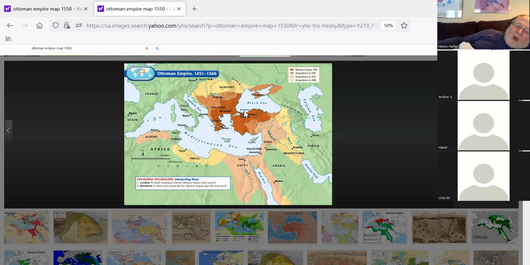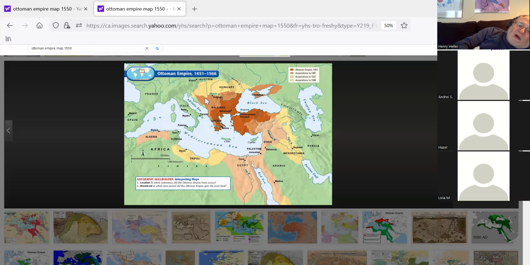The East Roman Empire. Well, the Turks took over this part here by the beginning of the 14th century, these Turks. And there was constant fighting between the East Roman Empire, some people call it the Byzantine Empire, and these Turks during the late Middle Ages.